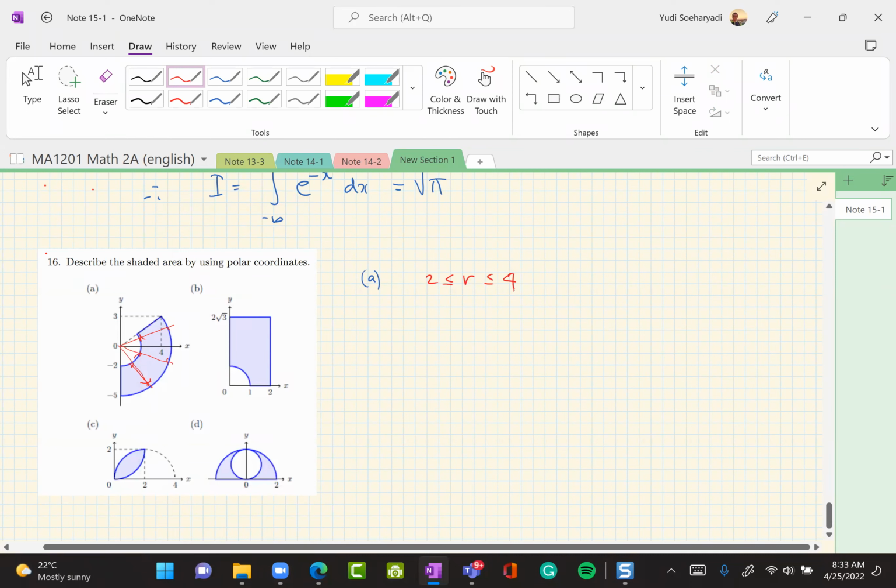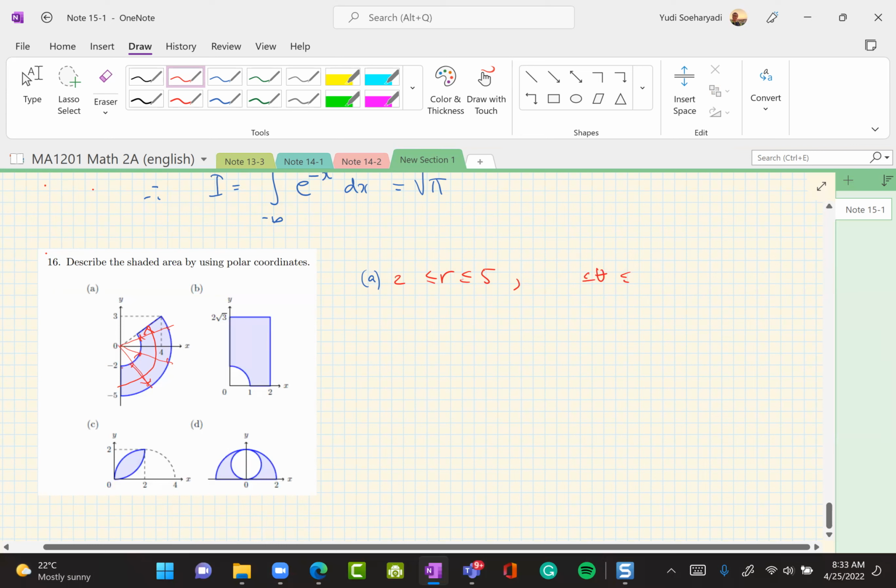Oh no, sorry. It's this. Oh, r will come from 2 to 5. Okay. And theta, the theta is an angle, so it sweeps there.